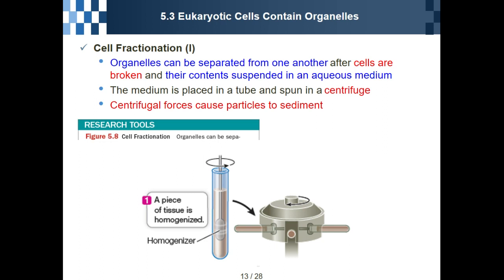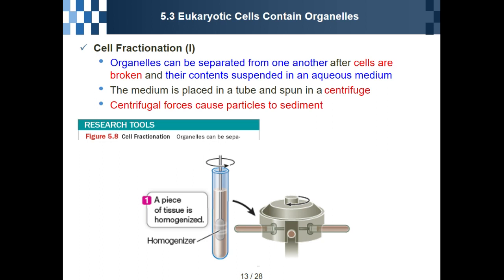Eukaryotic cells have lots of organelles. How do we separate and study them? First of all, we put a piece of tissue here, and this is a homogenizer.